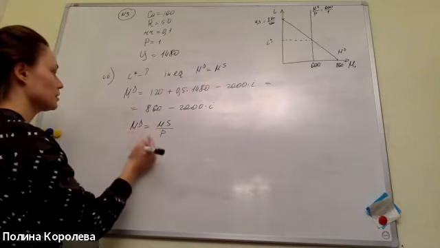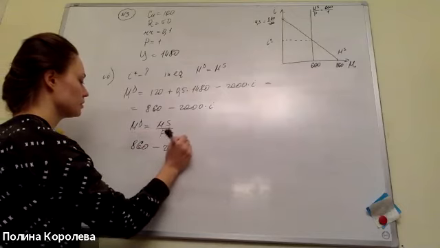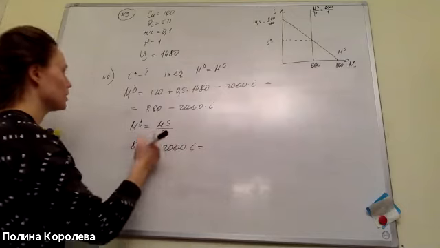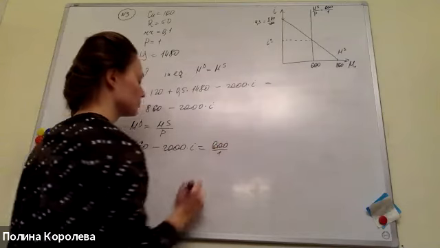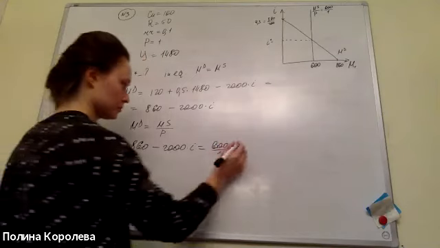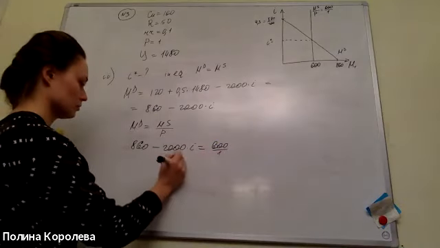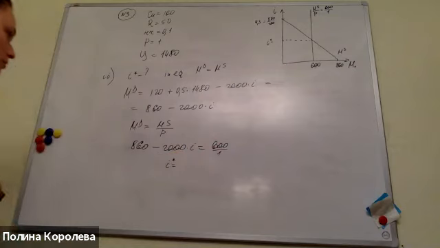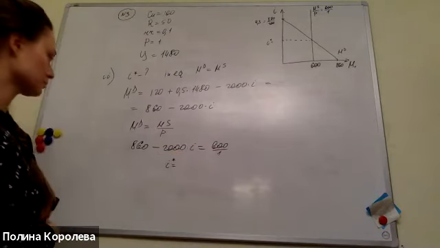But okay, I don't think you will use it. But let's see. Money demand, 860 minus 2,000 multiplied by I. Money supply, 600. And from here, maybe somebody will tell me the answer.